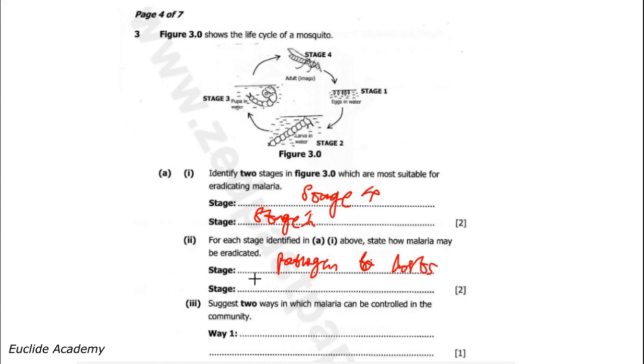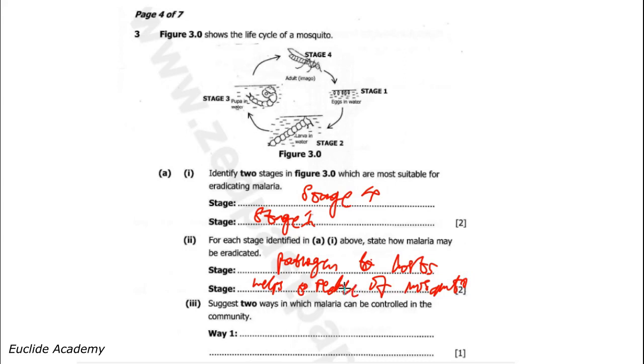Stage 1, this clears the breeding ground for the mosquito, which is a vector. So it helps to eradicate or remove the breeding areas for the mosquito, and as a result reduces the population of mosquitoes, the vectors.